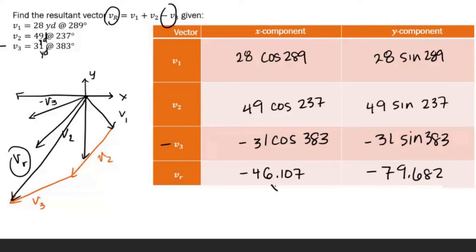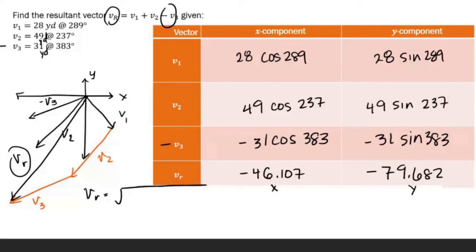Well, because its x component is negative, as is its y component, we can confirm that it is in fact in quadrant 3. So now that we know the components, we finish the question off the same way we have the previous ones. We find the magnitude of the resultant using Pythagorean theorem, and then we'll find its direction using inverse tangent, being aware that our resultant is in quadrant 3.